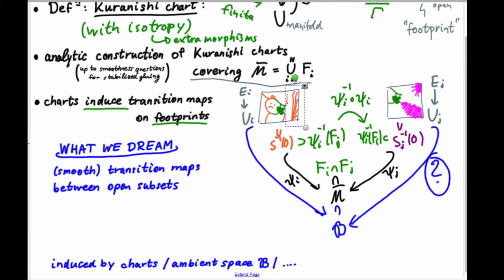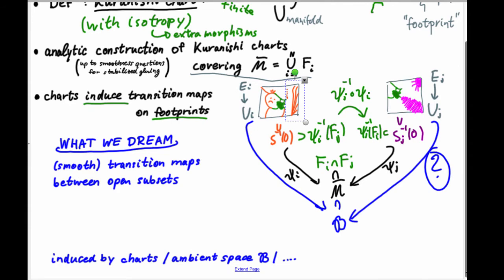So, can we pull that off? So that way we would have transition maps between open subsets, and we can weaken that dream a little bit here, right? It doesn't need to be the embedding of all of UI, and I also don't maybe necessarily need this big ambient space, so let me try the slightly refined thing here.